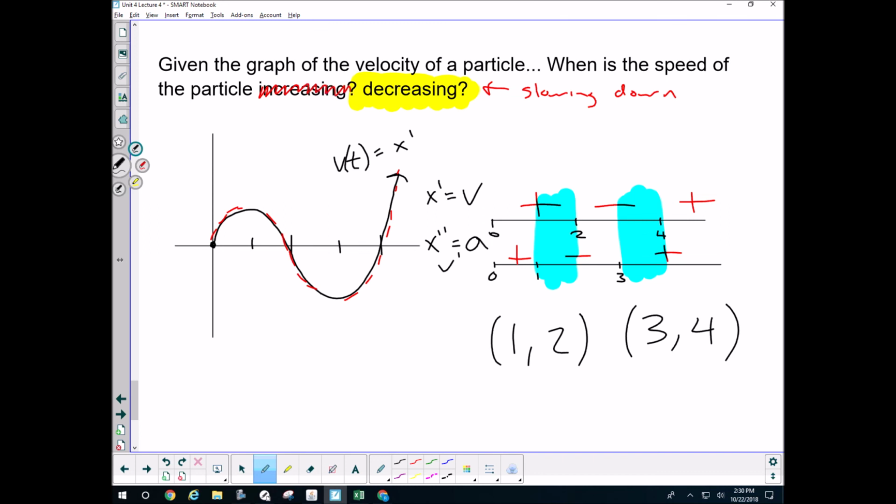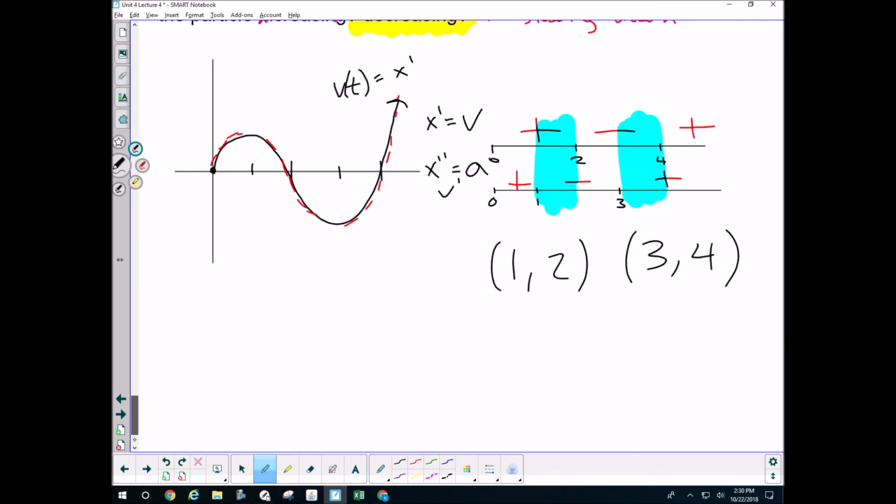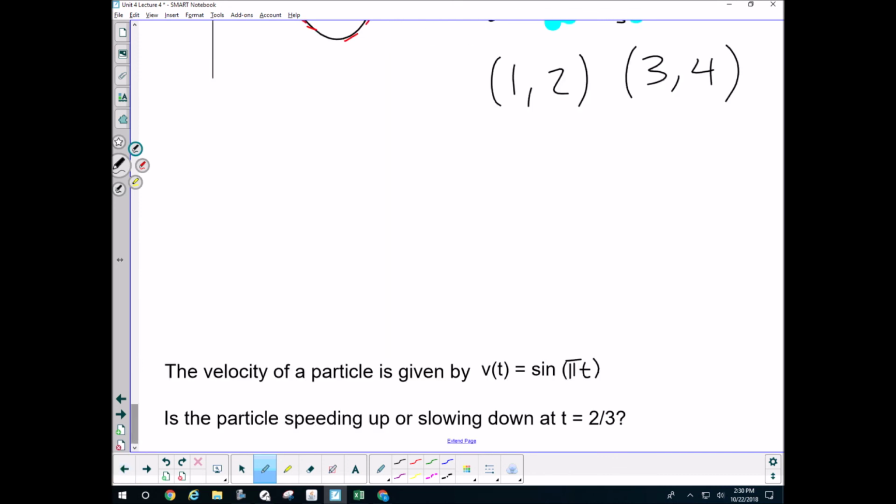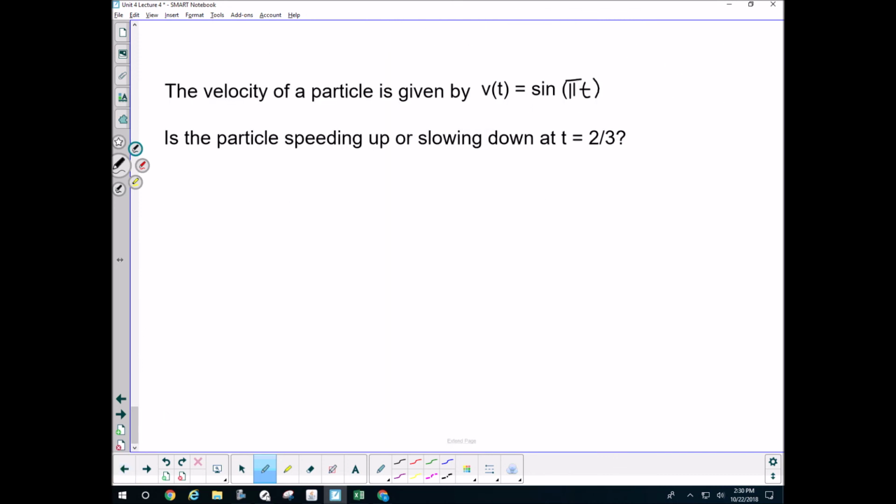Questions? Okay. This question. Now, read the question carefully. Am I asking you for the intervals in which the object is speeding up?